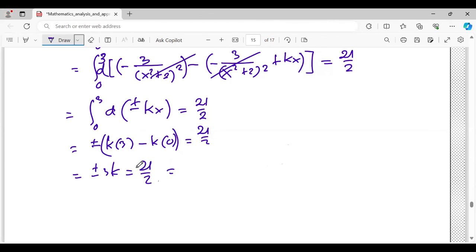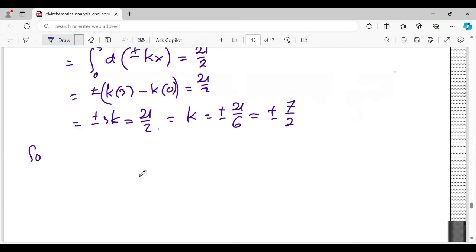So k equals plus or minus 21 over 6, because 3 times 2. I'm going to simplify: 7 over 2 divided by 3.